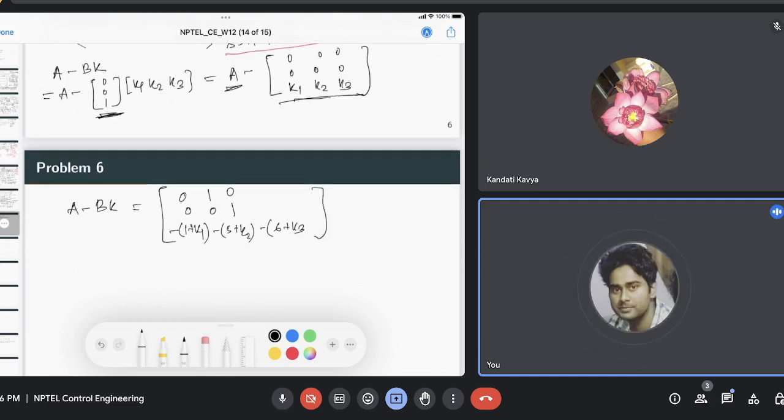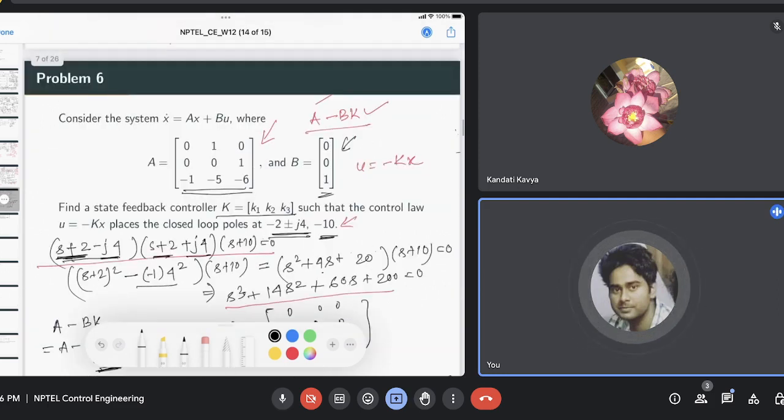Now you can find the eigenvalues of this closed loop matrix by writing sI minus this matrix and taking the determinant equal to 0. But we don't need to do that, because we know the controllable canonical form.